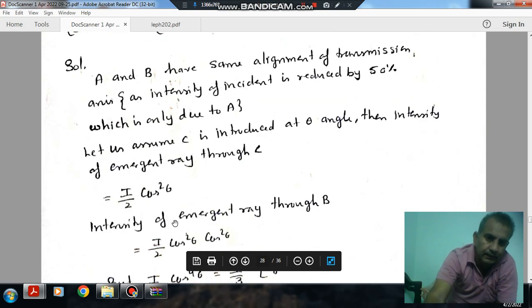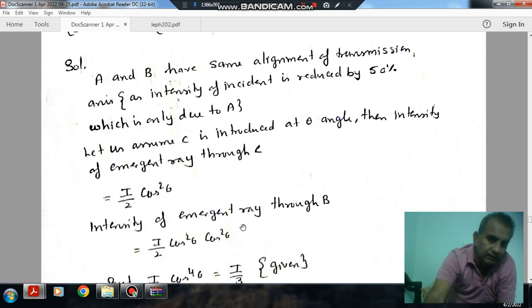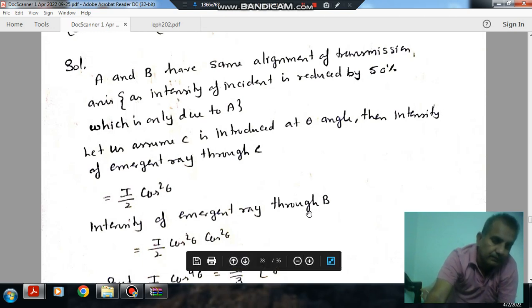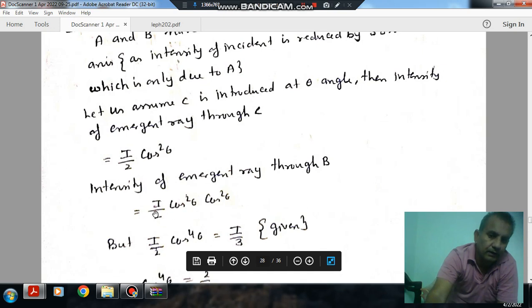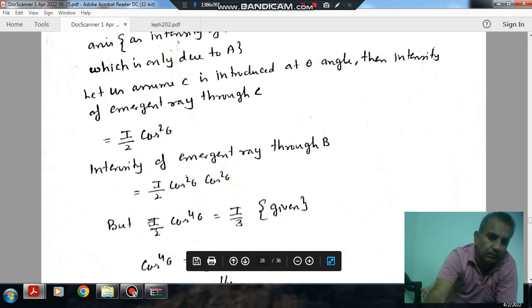Then it will also make an angle theta with respect to B. So the intensity will be further reduced by the multiplication factor of cos square theta through B. So the intensity of the emergent ray through B will be I by 2 cos square theta cos square theta, or I by 2 cos 4 theta.